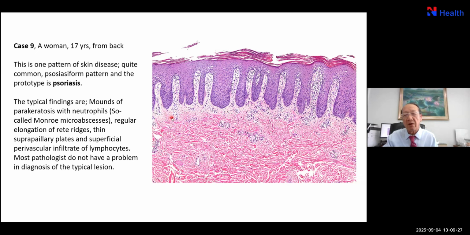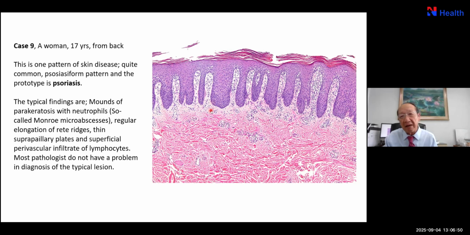This one is typical. Now, the clinician normally does not biopsy the typical lesion and send it to us. They biopsy the atypical lesion, and we will have problems diagnosing them. The life of a psoriasis lesion also varies.